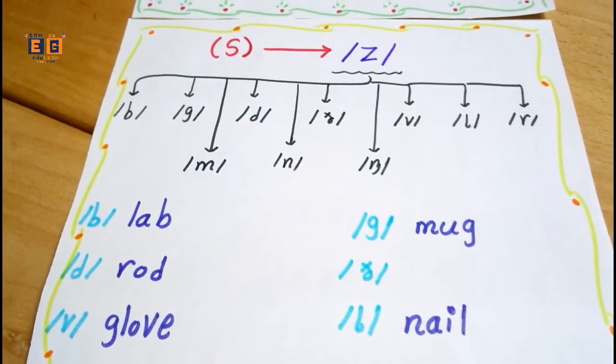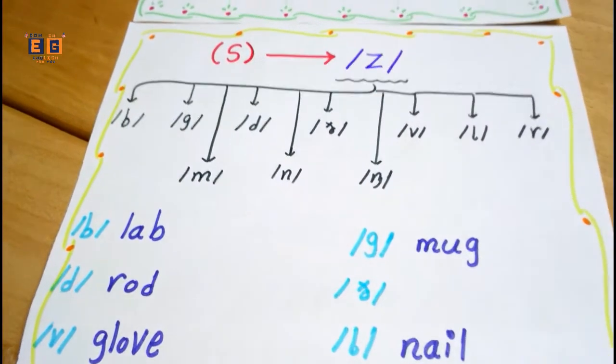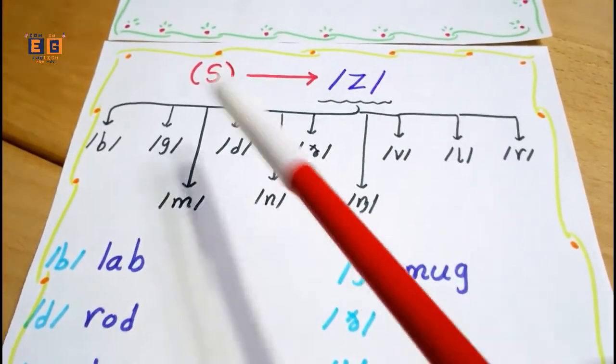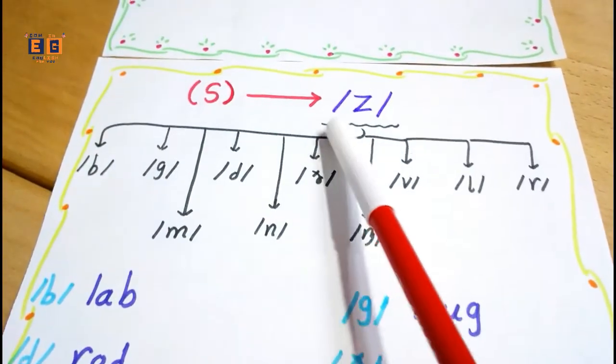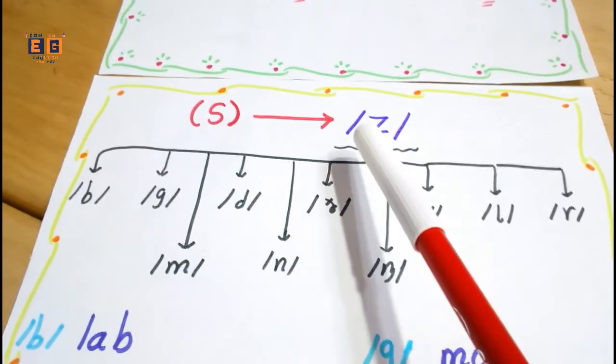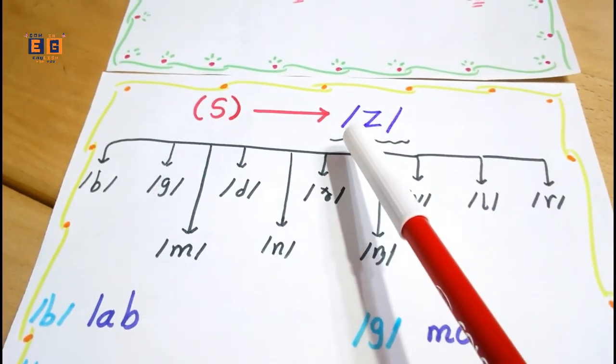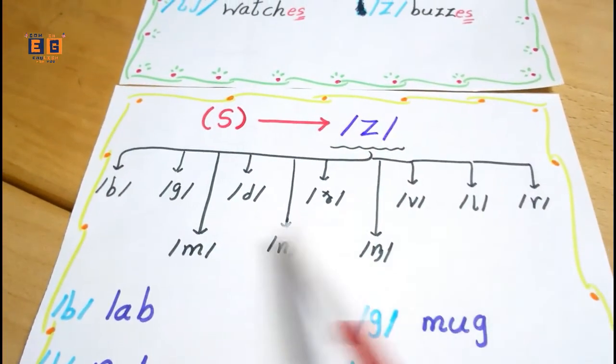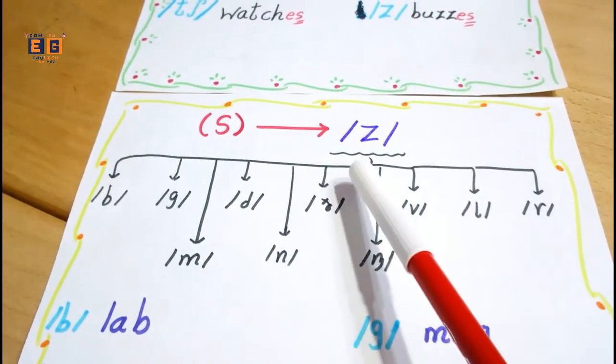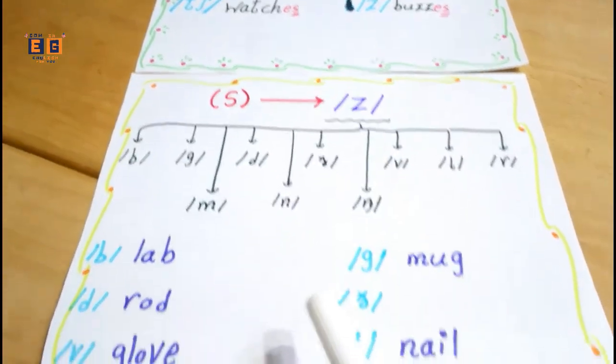Another ending for words which end with letter S is z sound. Any word that ends with these endings will be pronounced like z sound.